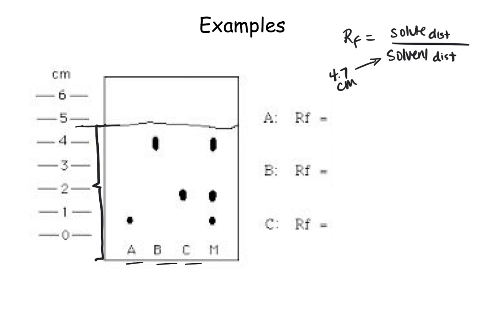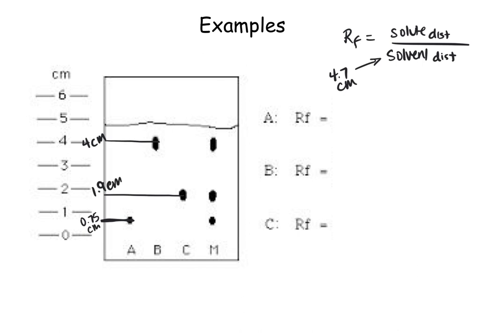The distances that the solute then travels, so all of our little ink pigments, is going to depend based on which one we're looking at. If we're looking at A, it got to about here, so I would say that's 0.75 centimeters. For B, it got to probably 4 centimeters, and for C, I would say 1.9 centimeters.